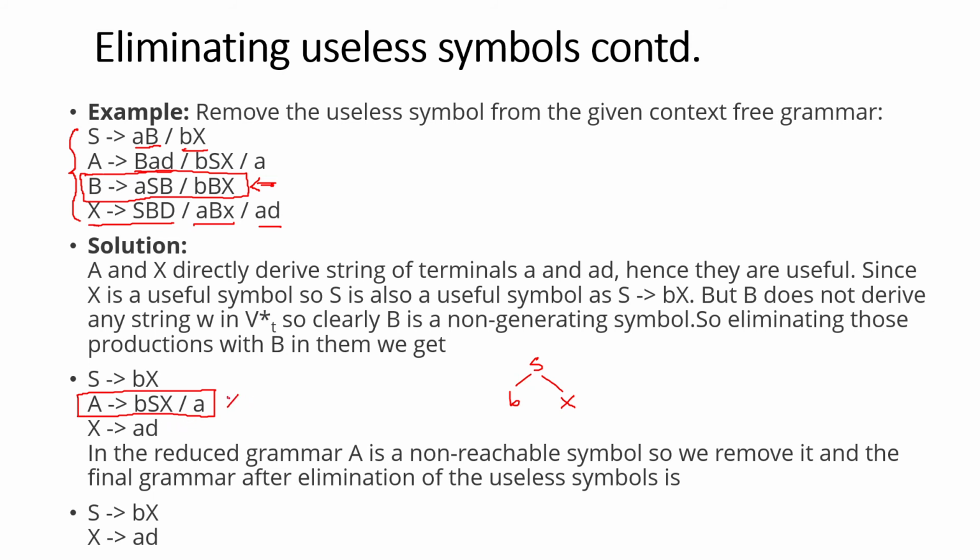That means you can remove this simply. Keeping this production rule in the grammar or removing it doesn't have any effect, because here A is unreachable. Here B is a non-generating symbol. Here A is an unreachable symbol.